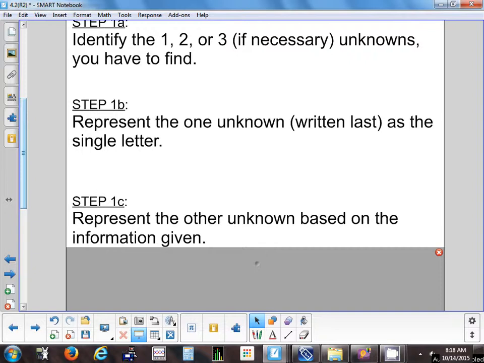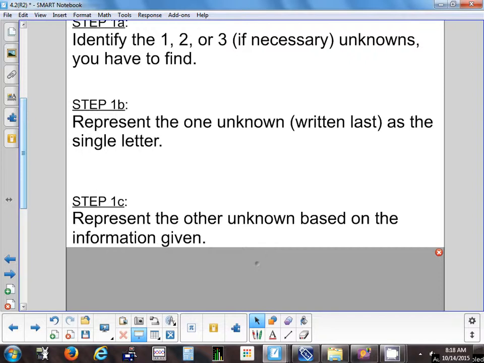So everything is based on whatever that letter is. This is all the same stuff that we did yesterday. Nothing new. Steps 1A, 1B, 1C, all exactly the same as yesterday. Nothing changes. I'll give you a few more seconds to get that written down.